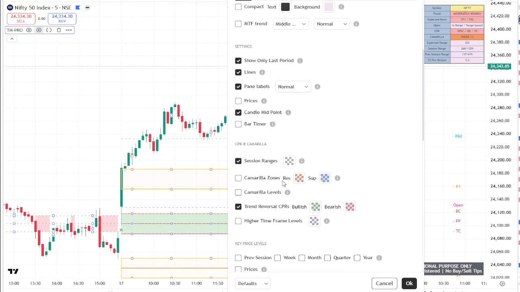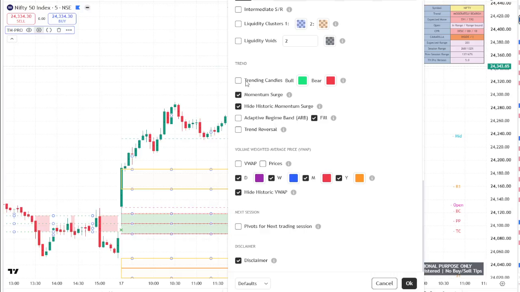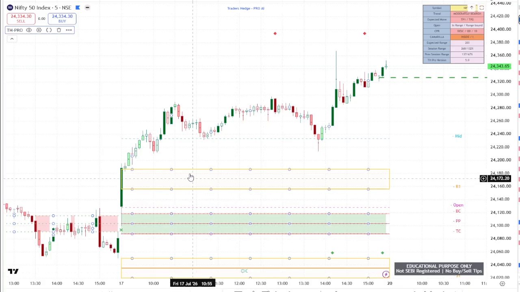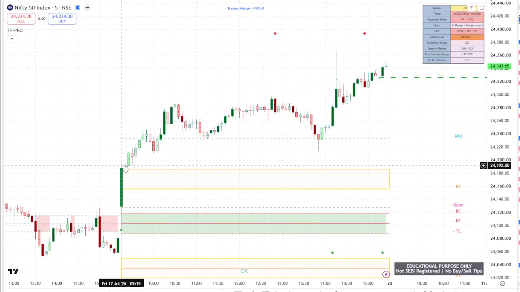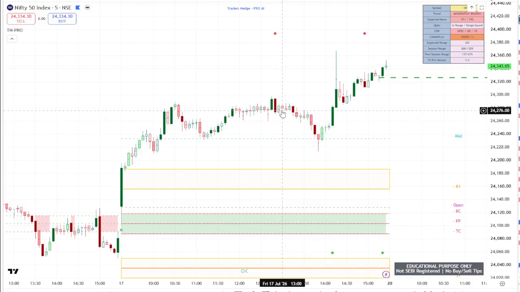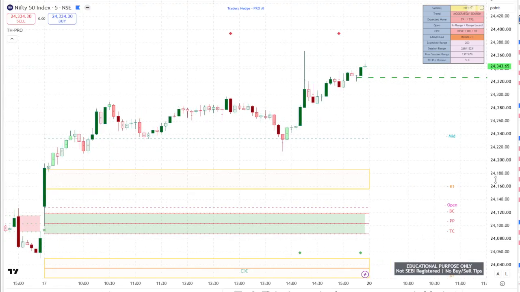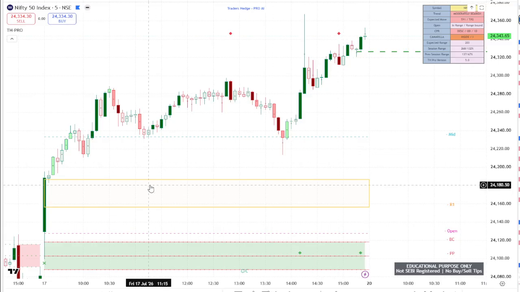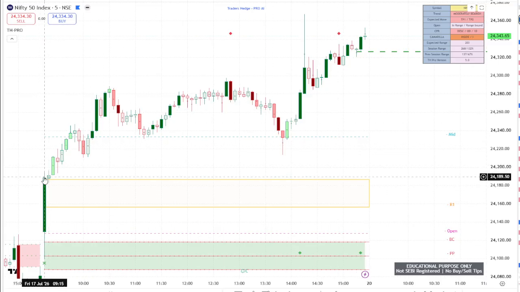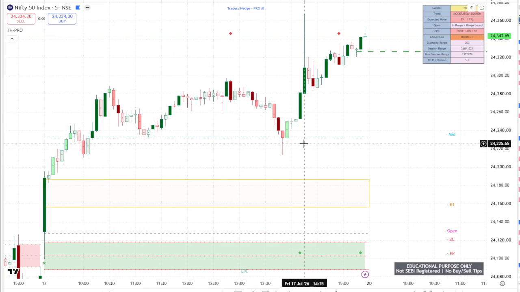So what we have done is, when you enable this, each candle is given 3 color gradings. We have 3 different shades of green and 3 different shades of red. You can go and backtest yourself.